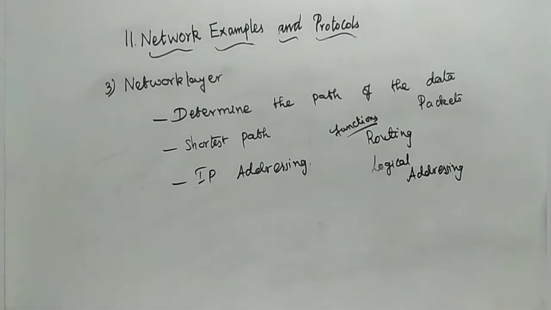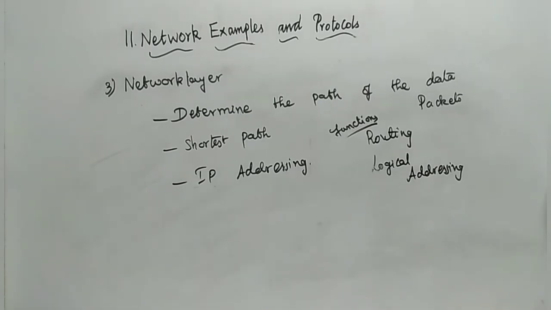By means of IP addressing, the data is going to find the end computer. When it sends the data from one end to the other, it must be able to find out the next computer, no? Yes, that is identified by means of IP addressing. Here there are two functions: the first function is your routing, and the next one is your logical addressing.